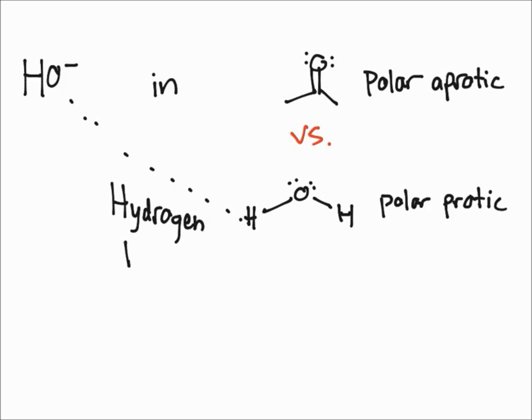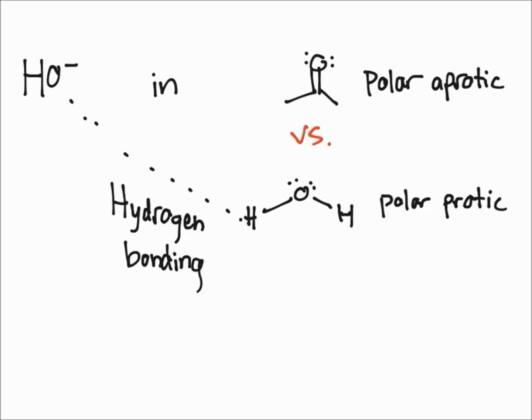Hydrogen bonding occurs between polar protic solvents and the nucleophile. This slows down the SN2 reaction and takes up a lot of the nucleophile, and in order for the SN2 reaction to take place, this intermolecular force has to be broken. As you can imagine, that would take a lot more effort and it wouldn't be ideal.